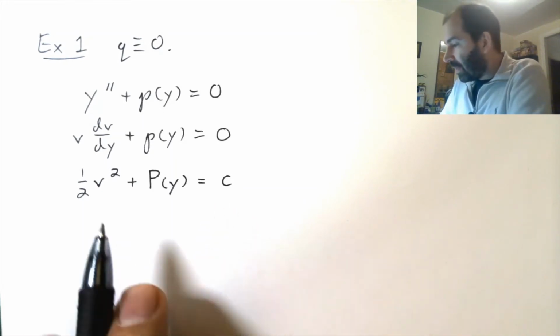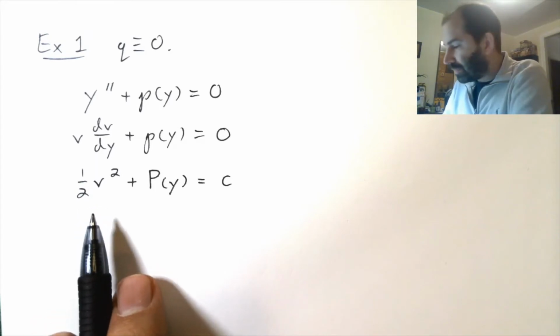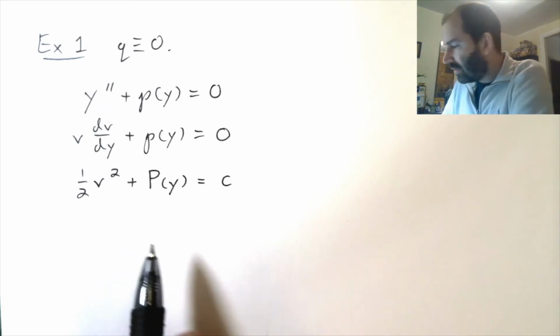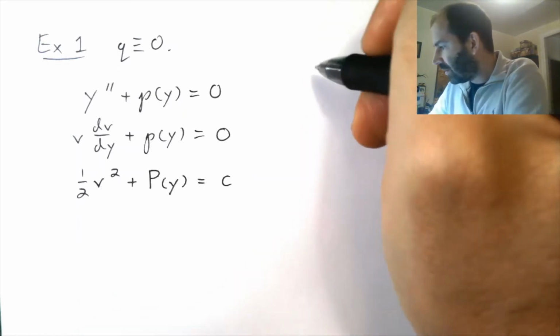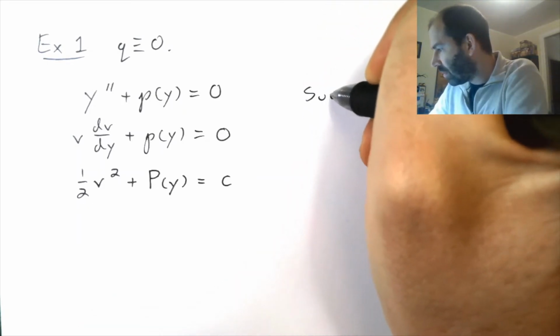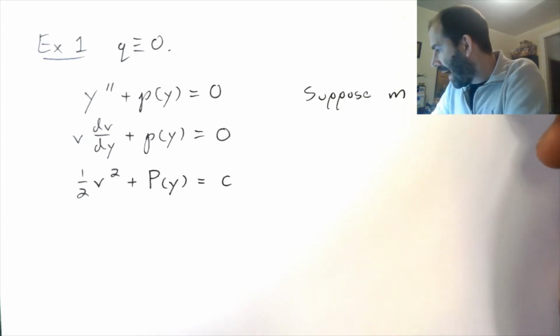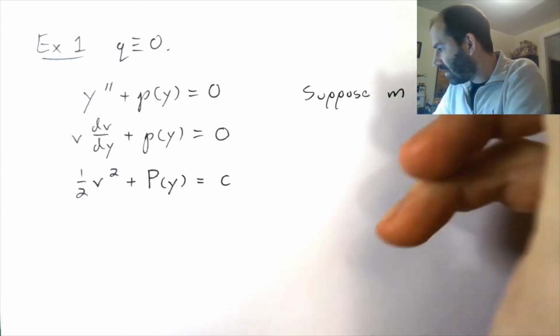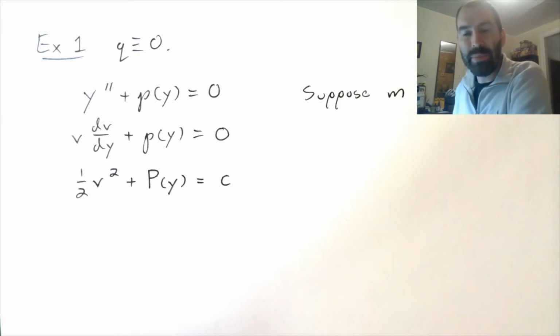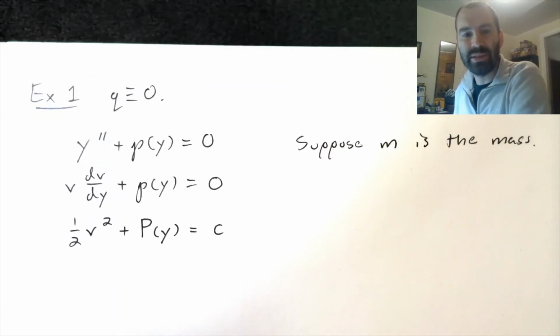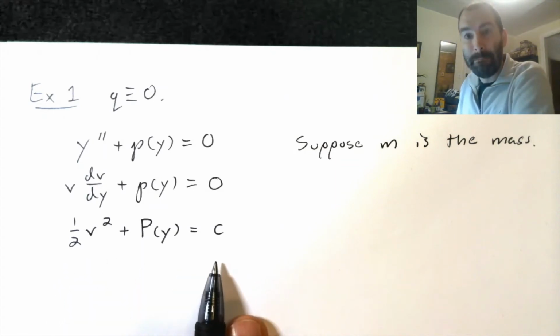Now, one thing that we can think about when we're moving objects in space is their mass. Suppose m is the mass. So we're going to multiply through by m.